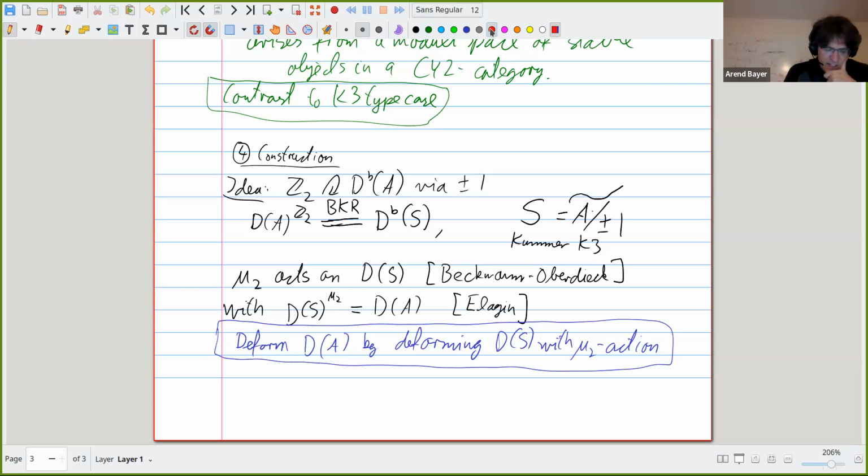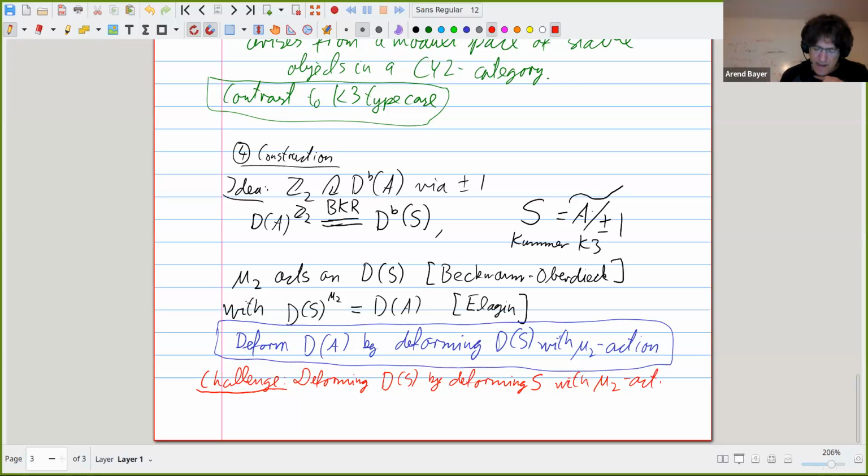Okay, so what's the challenge here? The challenge is that I can't just look at deformations of S, because deforming D^b(S) by deforming S with this mu2 action on its derived category, then we have quite clear cohomological criteria for when such a mu2 action deforms.